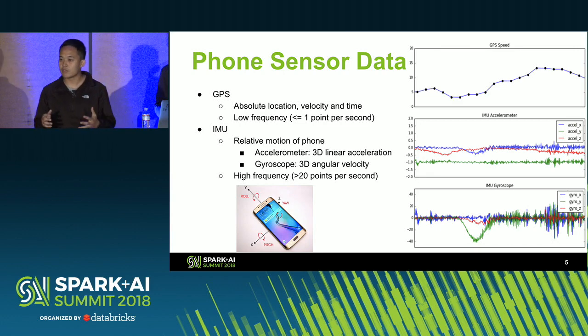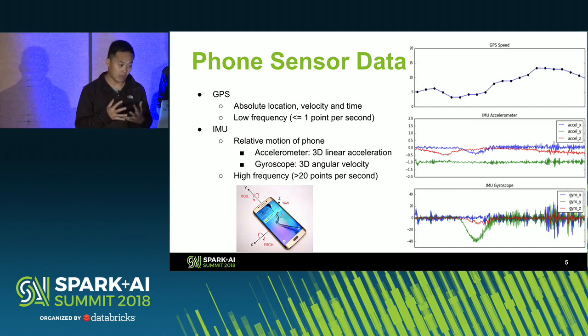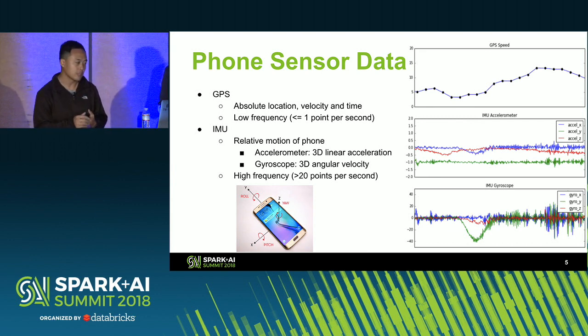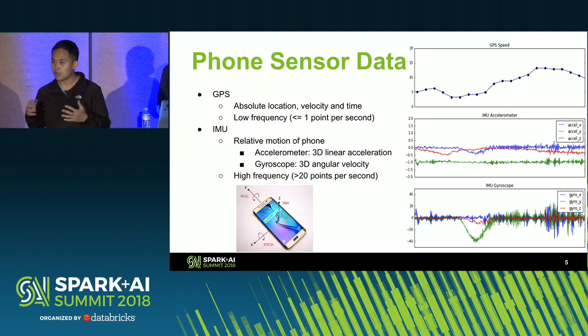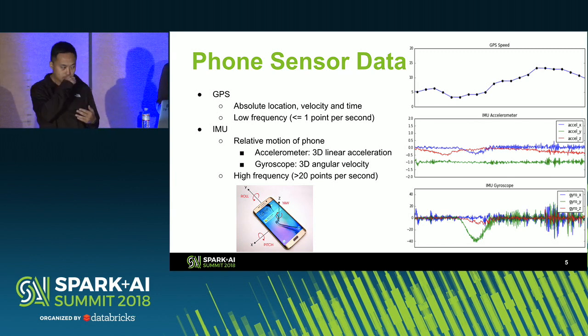There are two types of sensor data commonly used for telematics analysis. First is GPS, which provides the absolute location and the velocity of the phone. It is typically collected at a very low frequency, less than 1 data point per second. The second is IMU, inertial measurement unit, which measures the relative motion of the phone.